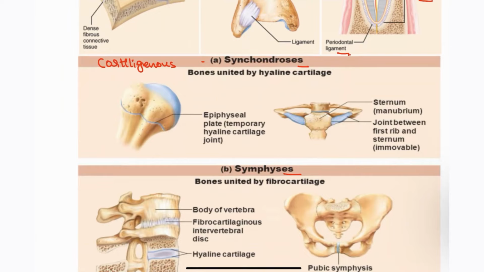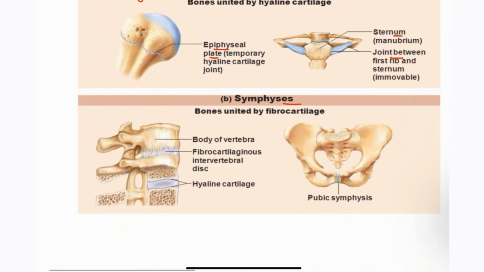Examples we just discussed are the epiphyseal plate and the sternoclavicular joint, which is attached between these joints, right? These are some of the examples of cartilaginous synchondrosis. Next, cartilaginous symphysis. Here, the pubic symphysis is one joint, and the intervertebral disc. These are the other two examples of symphysis.